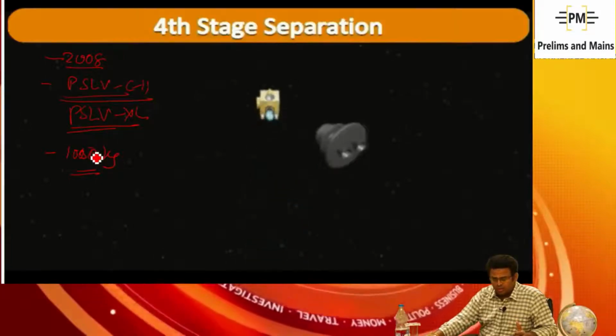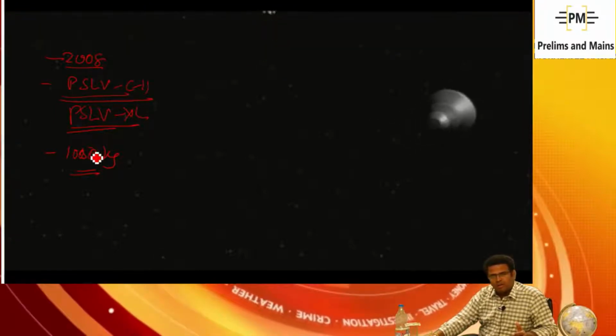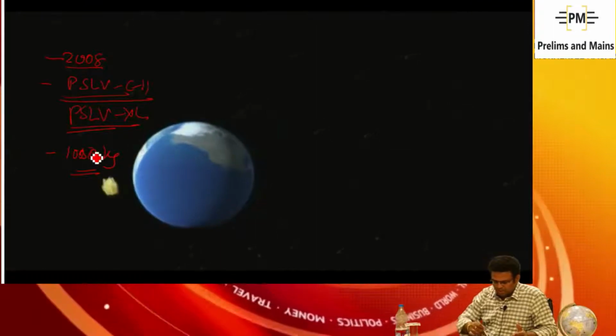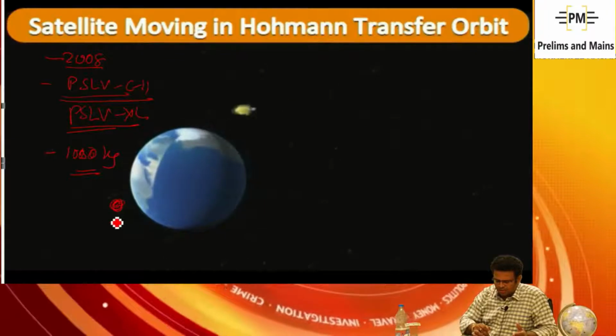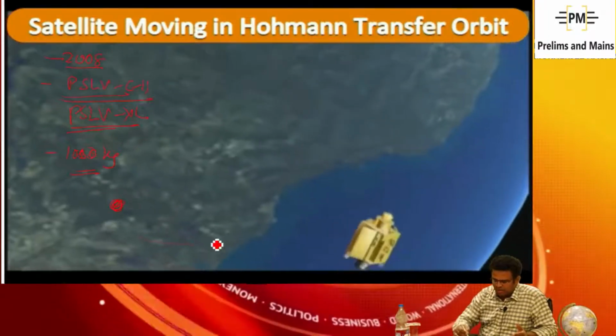It will move around the earth in the circular orbit, and when it is coming near this area, it will burn the fuel so that it can move farther.